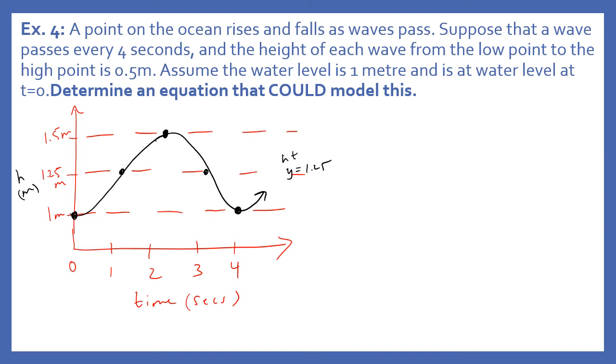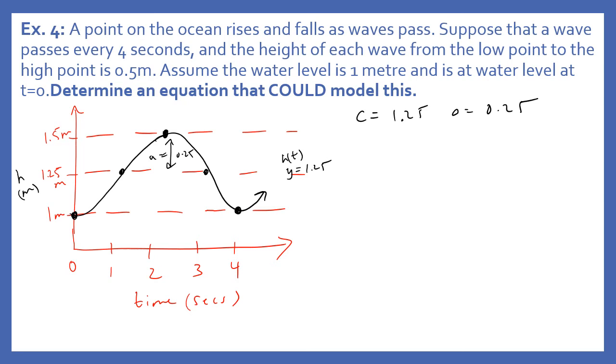So I'll call this h of t, height with respect to time. I know my equation of axis, 1.25. My amplitude is this distance right here between my equation of axis and my max or my min, which is 0.25. Okay, so far so good.